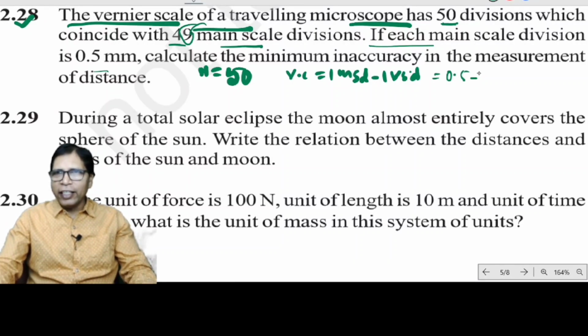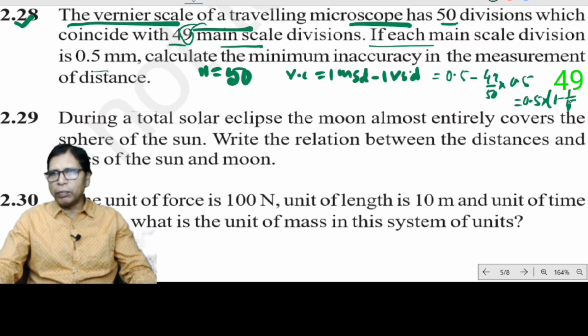So this is 49 by 50 into 0.5, which is 0.5 into 1 minus 1 by 50.